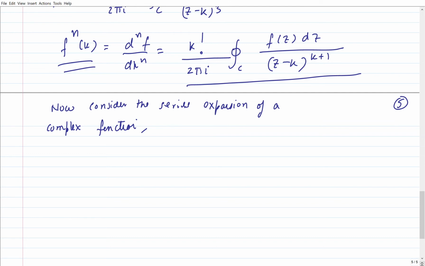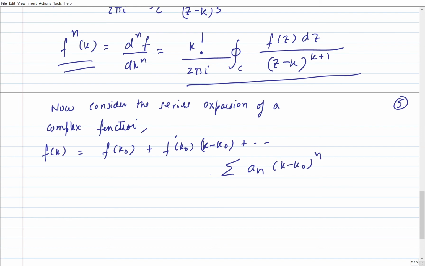So let's say I have f(k), and I consider a series of the form f(k0), some sort of a Taylor-like series, so on and so forth. So that's just a_n (k minus k0)^n, n from 0 to infinity.